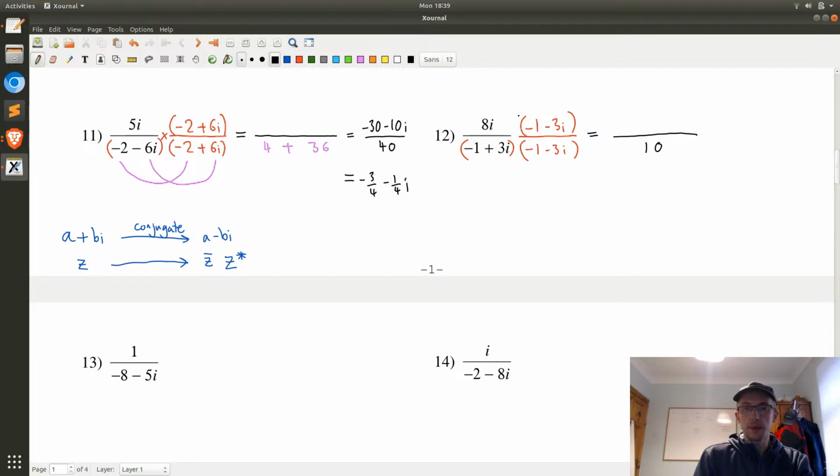And on the top, -8i, take 24, so plus 24, like that. And then you can sort it out. So 2.4, take 0.8i, there like that.